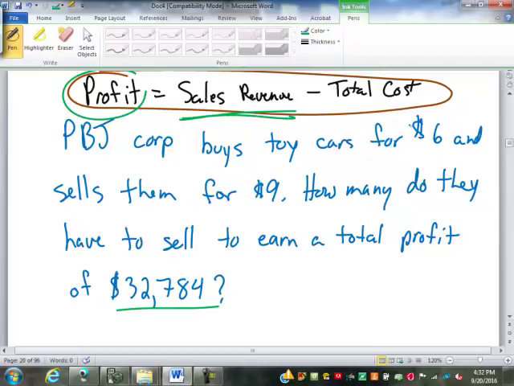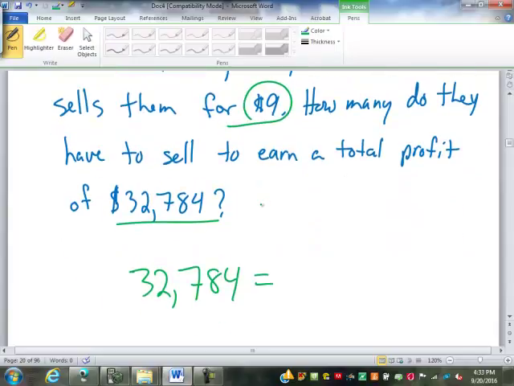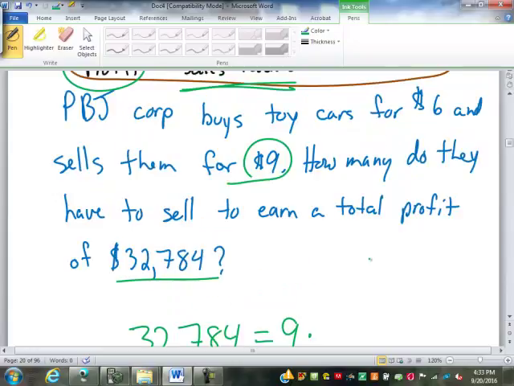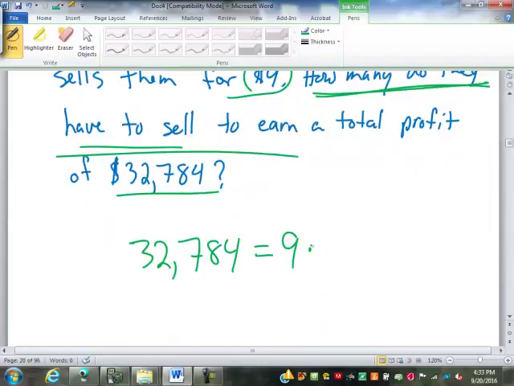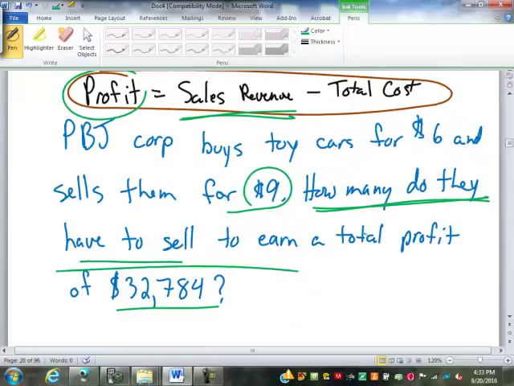Well, the sales revenue is the price per item times the number sold. How much do they charge for them? $9. So it's 9 times something. How many are sold? That's what we're looking for, right? So that's X, exactly. So 9X minus total cost.